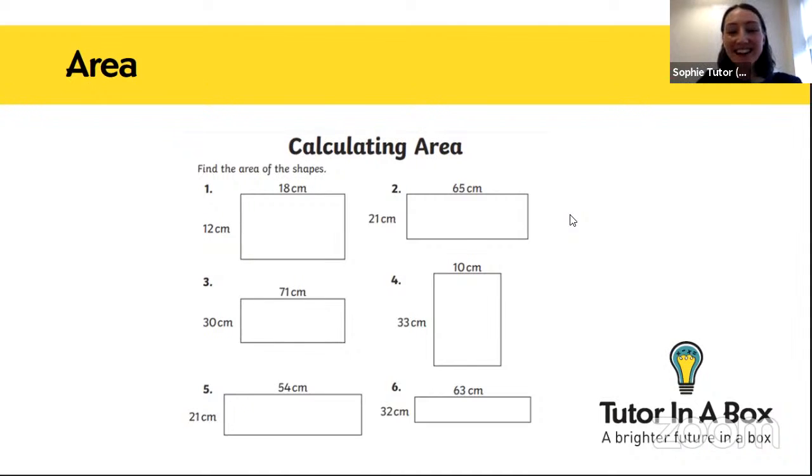That was 21 centimeters times 54 centimeters, which was 1,134 centimeters squared. And finally, number 6, the last one at the bottom here, we were doing 32 times 63, which gave us 2,016 centimeters squared.